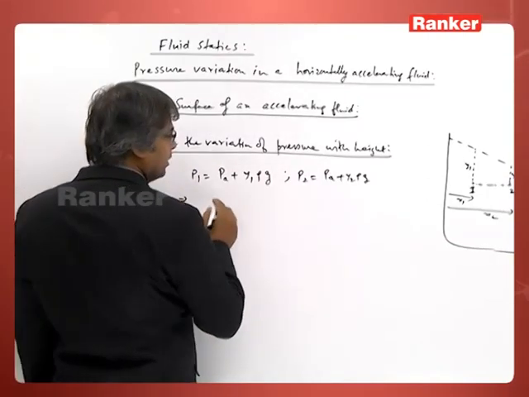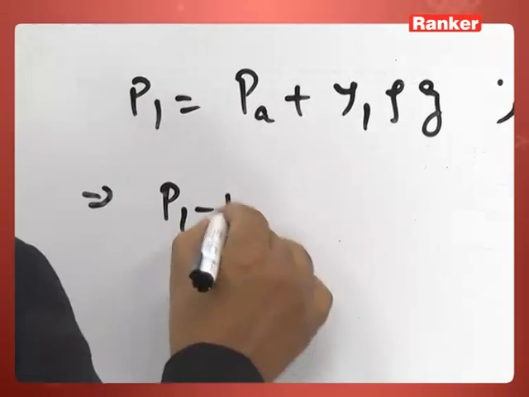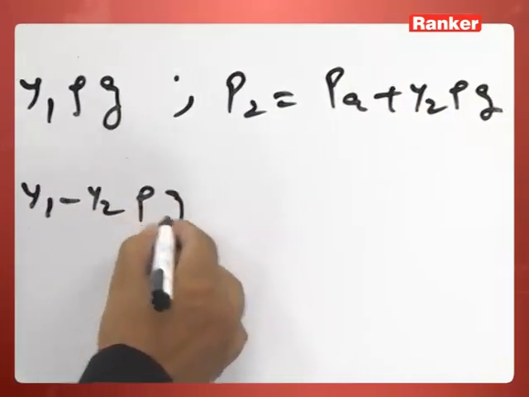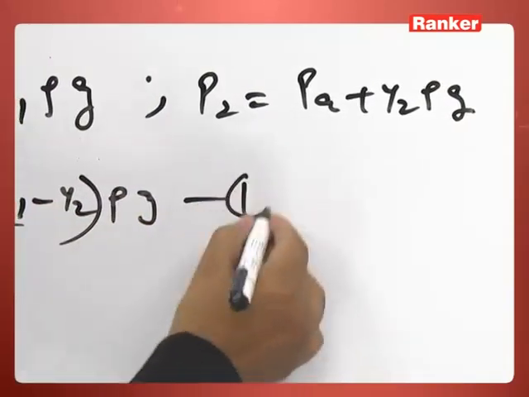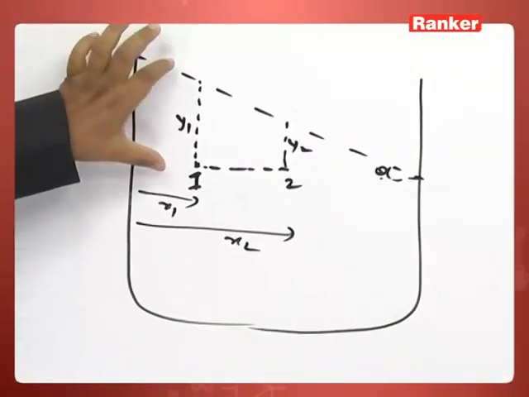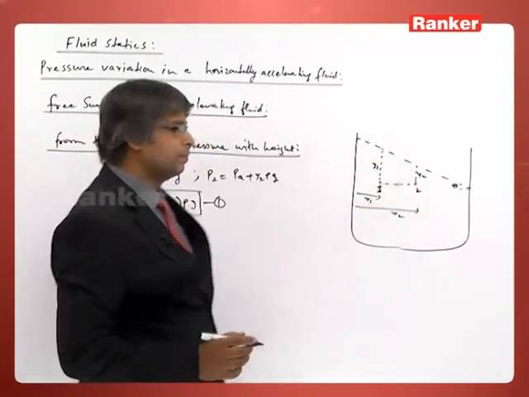So, P1 minus P2 is equal to Y1 minus Y2 rho g. So, this we got from seeing how pressure varies with height. So, this pressure is Y1 rho g and this is Y2 rho g.